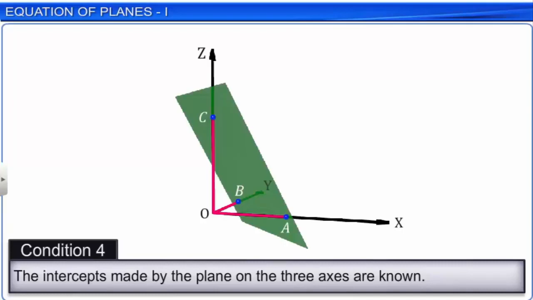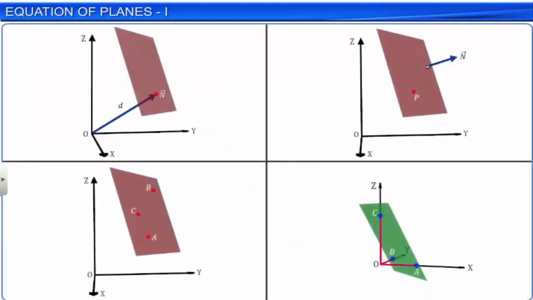Thus, in this case, the intercepts made by the plane on the 3 axes are given, and the equation of the plane is called the intercept form. In this module, you will learn about the normal form of the equation of a plane and the equation of a plane passing through a given point and perpendicular to a given vector.